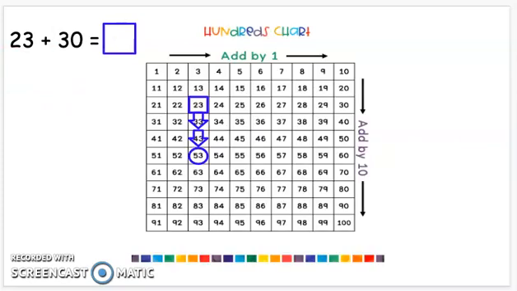Let's look at adding by 10. All right, so this problem over here says 23 plus 30. So again, I'm going to start at 23, which you'll see in my blue box right there. Now, when I'm adding by tens or making jumps of 10, I'm going to move down the column.